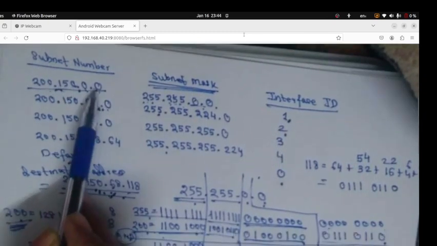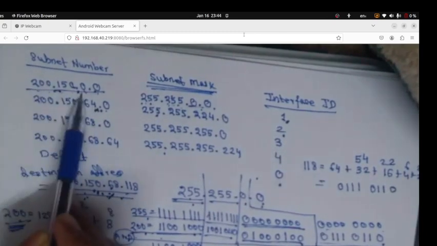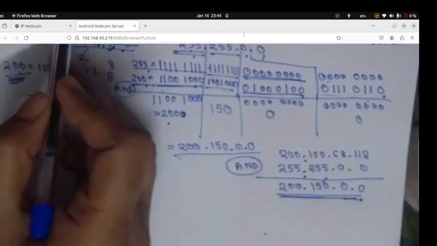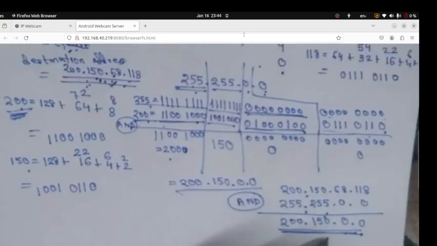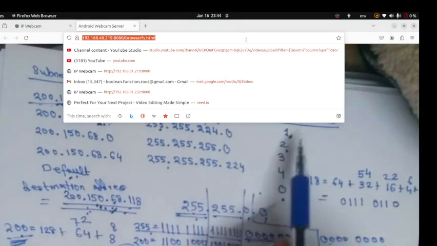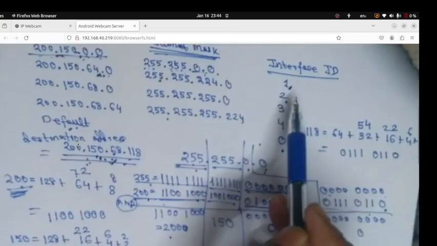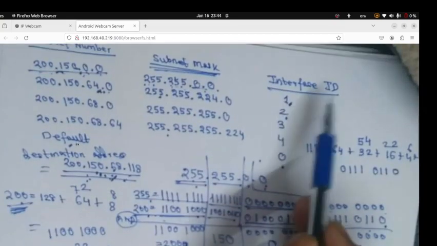So after checking, we can say that this network address matches the extracted network address. So the router will choose the corresponding interface ID 1.